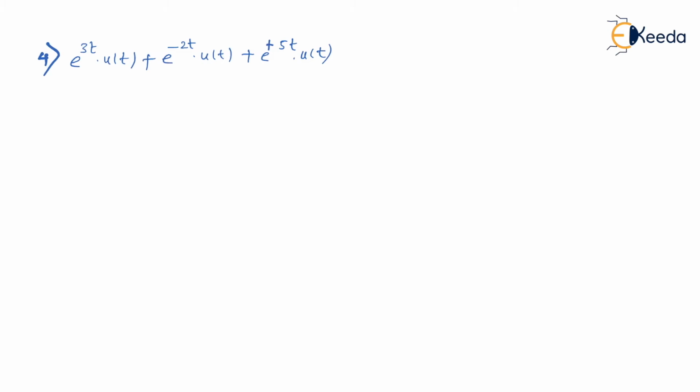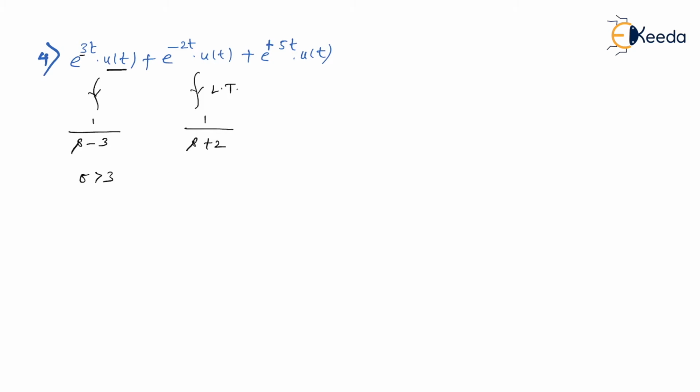So let us take the individual Laplace transforms first, along with their ROC. For this, we have the Laplace transform as 1 upon s minus 3. The pole is present at 3, multiplied with u of t, which means sigma greater than 3 is the ROC. For this, the Laplace transform is 1 upon s plus 2.